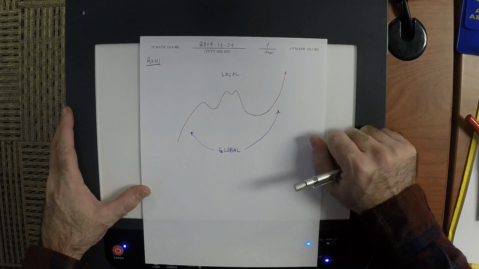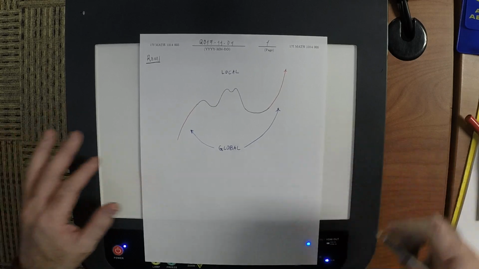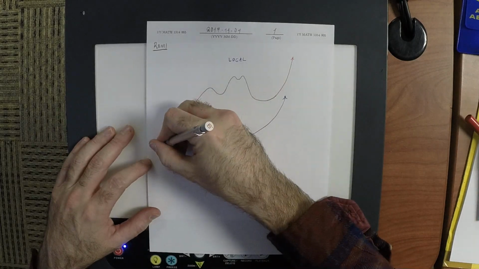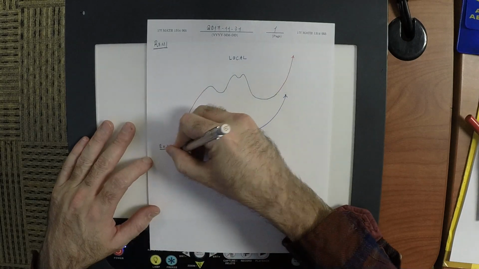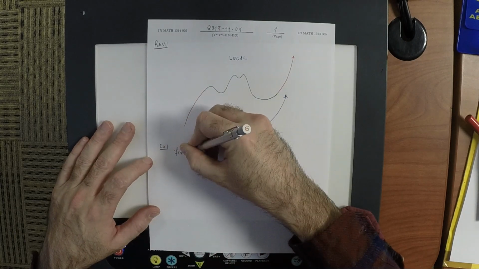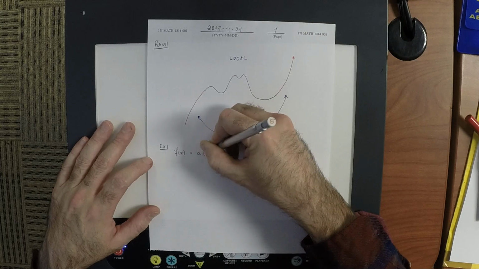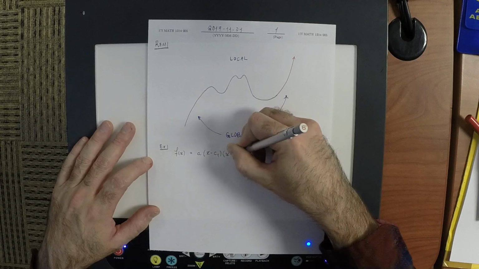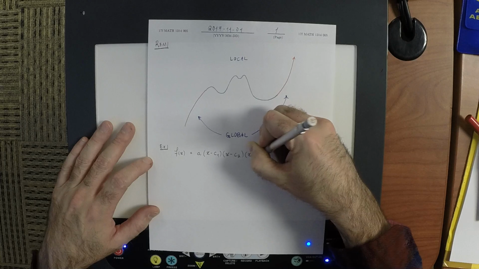Then we were discussing the local behavior. The first element of local behavior was, consider for example the polynomial a multiplied by (x minus c1) multiplied by (x minus c2) multiplied by (x minus c3).